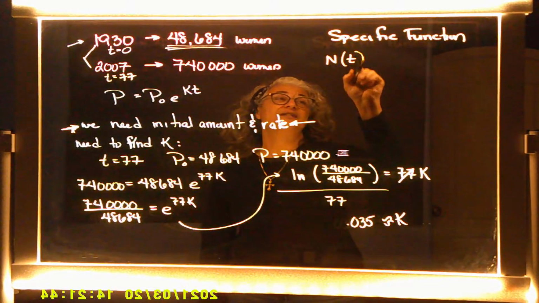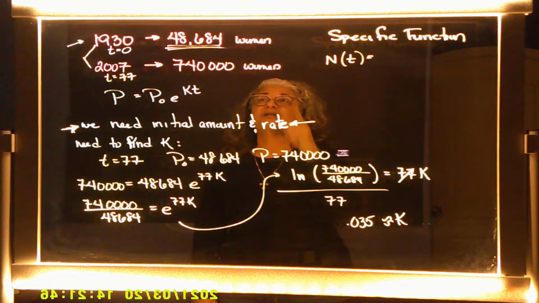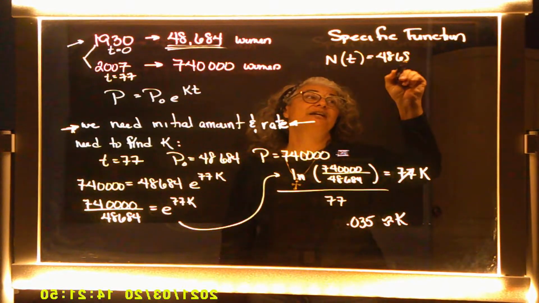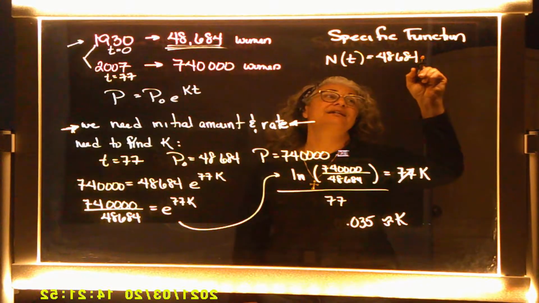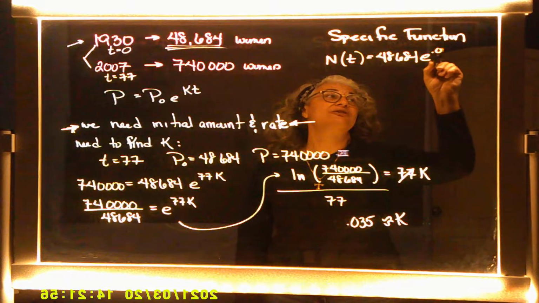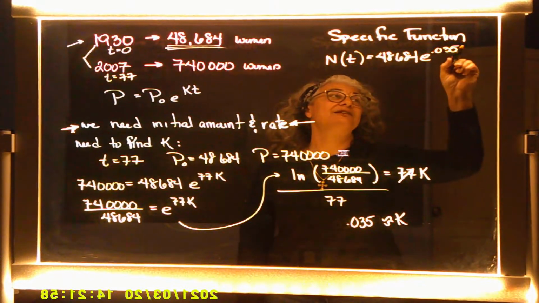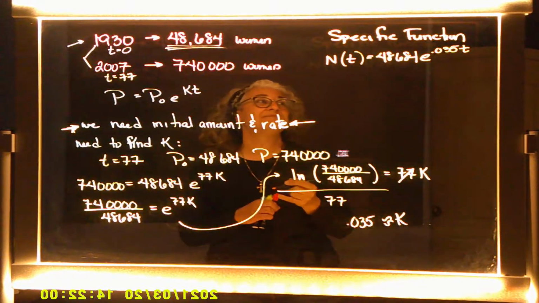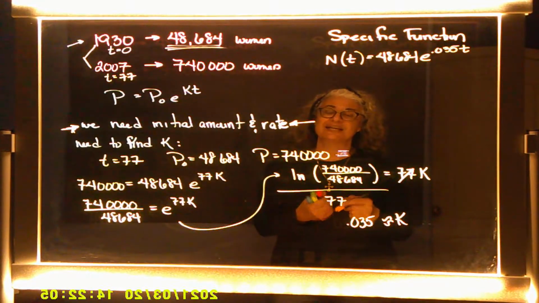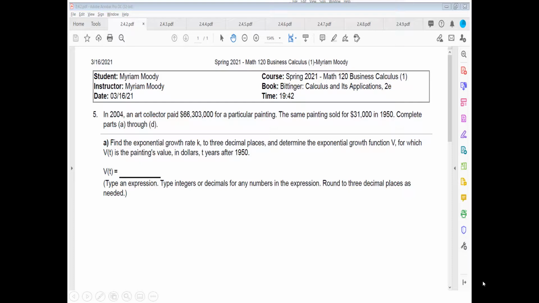So n of t equals the initial amount, 48,684, times e to the 0.035t. Cool. How are we doing? So far so good? Loving it. Stay tuned. Got another.